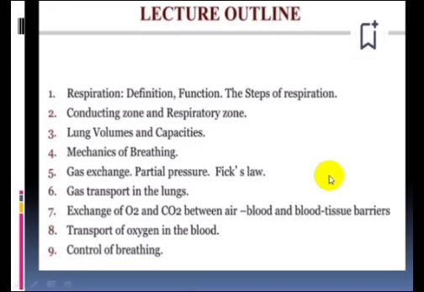Finally, we want to look at how respiration is controlled. Structures in the brain that control breathing. Because it's not enough saying you are breathing. You take in oxygen and you bring out carbon dioxide. That is primary knowledge.